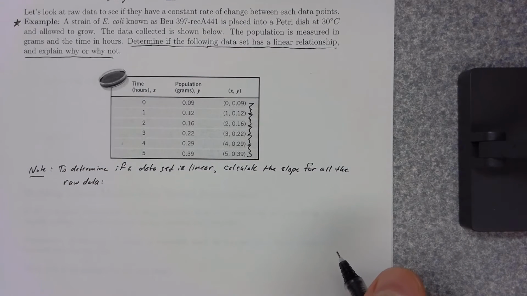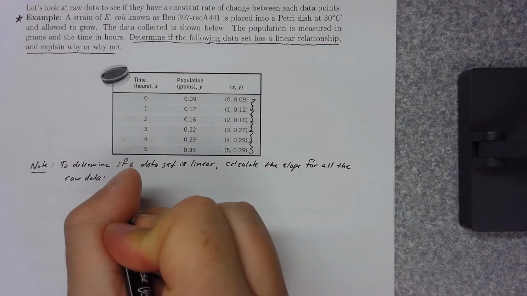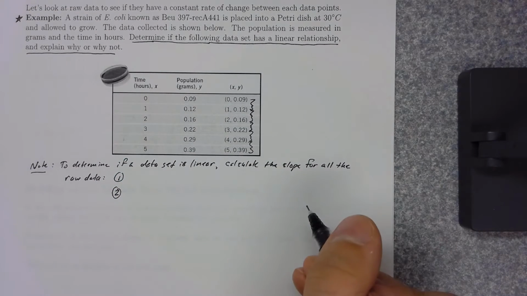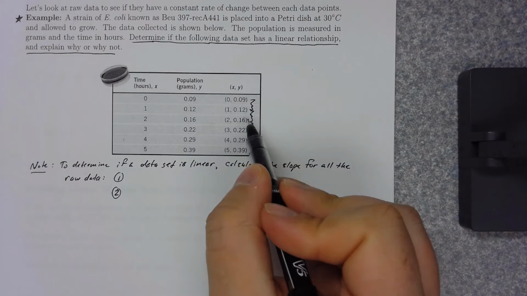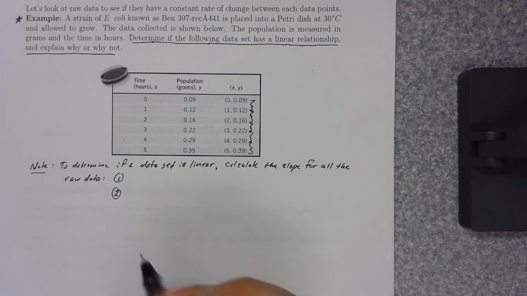So you get one of two possibilities. I know this seems tedious, but that's how you would check it.